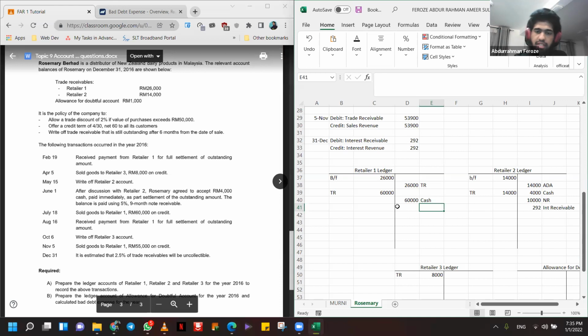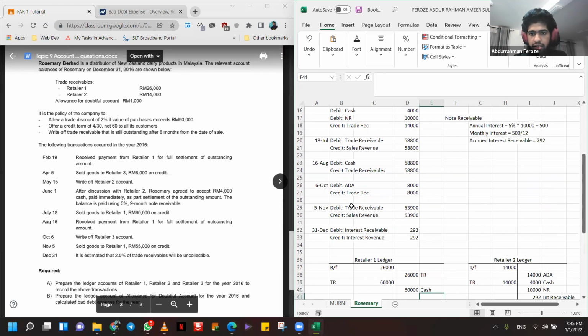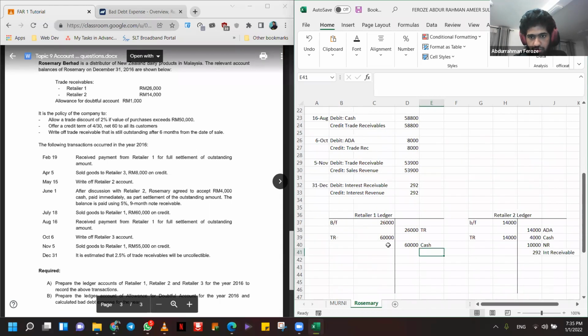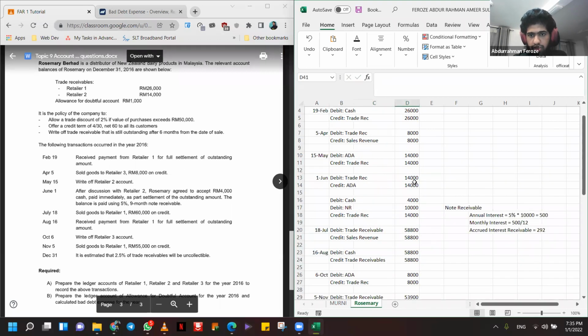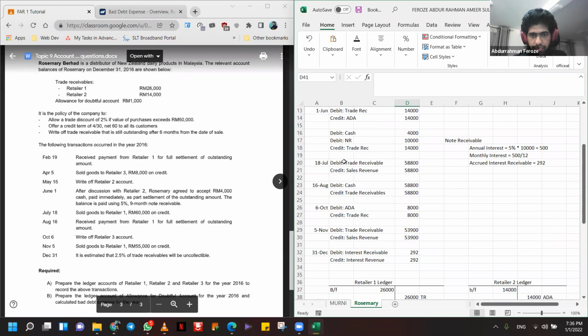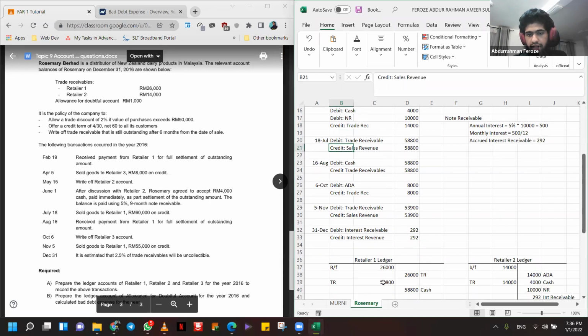Basically what you would realize is that, sorry, not 60,000, it's 58,800. For this transaction, when we have debited trade receivable for us, in their account also we debited, right?